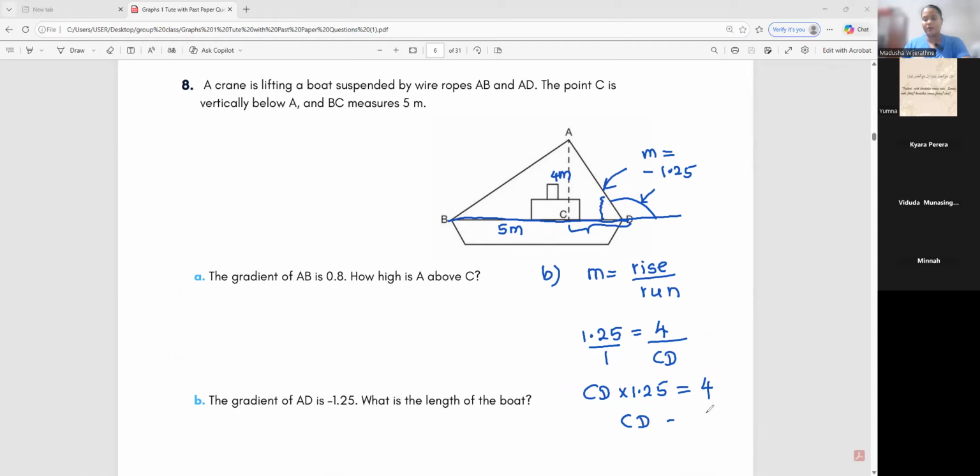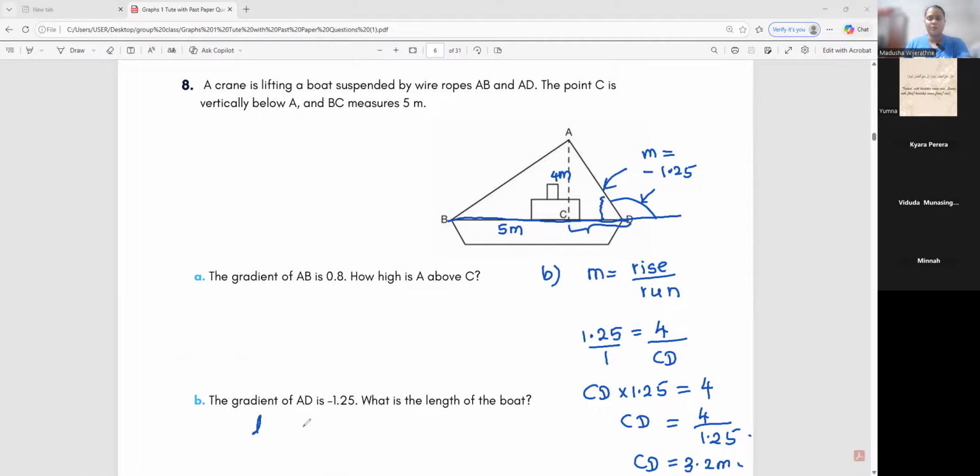CD is equal to 4 divided by 1.25. 3.2 meters.